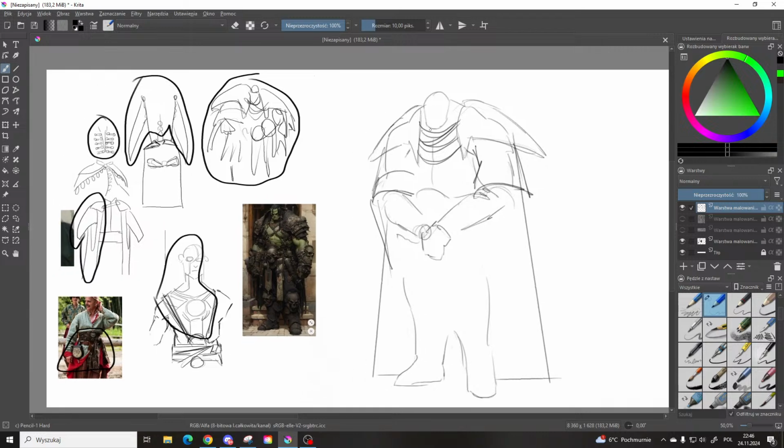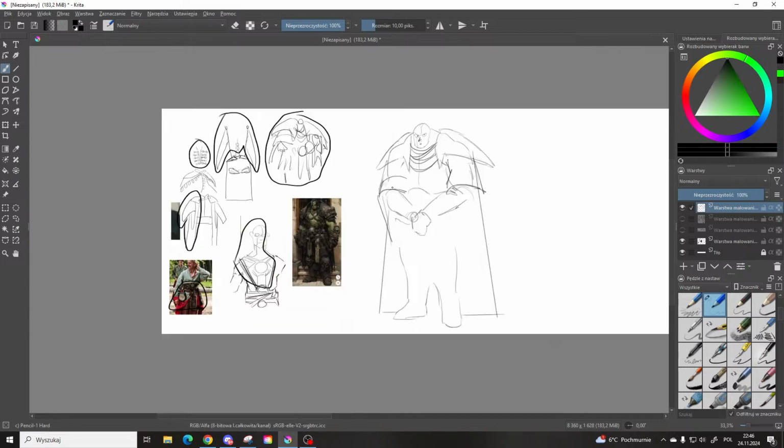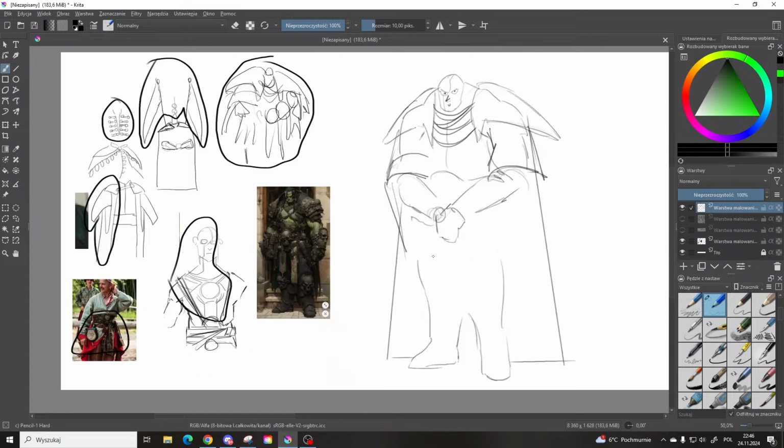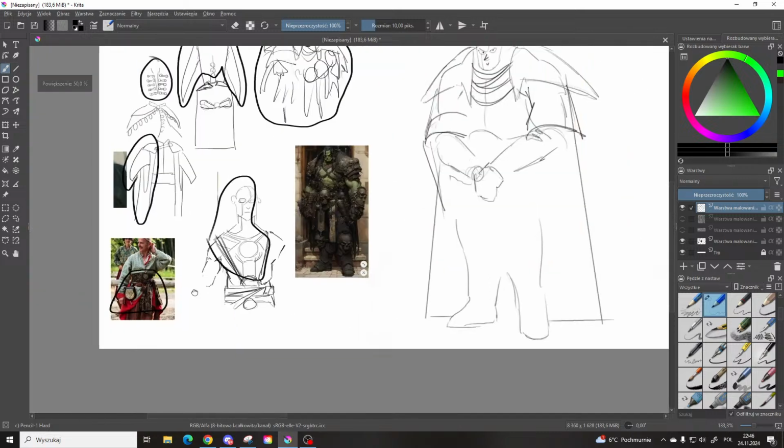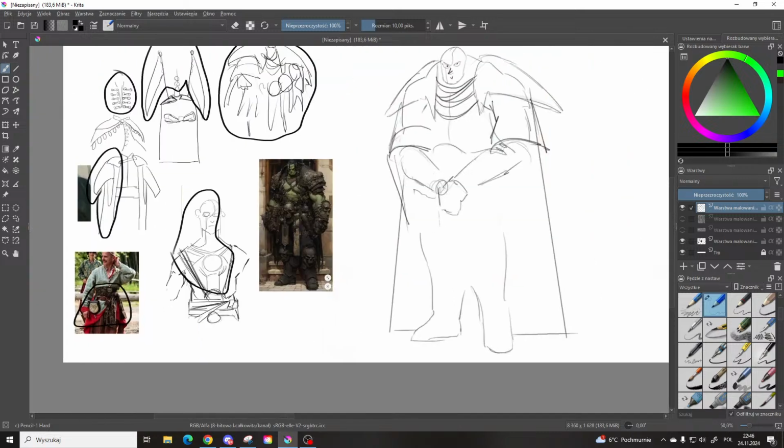For his face, I want something like this because it looks cool and it gives the meaning of him being into some ceremonial ritual stuff. This belt, I like the trapezium shape that it creates, so let's do it here as well.